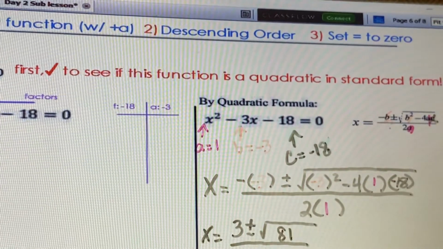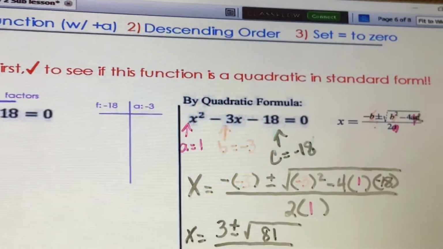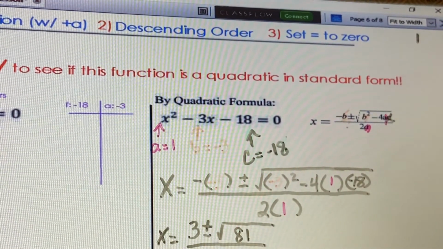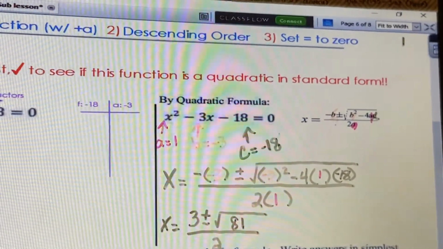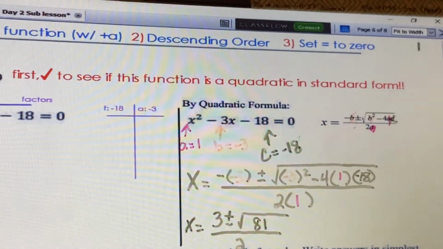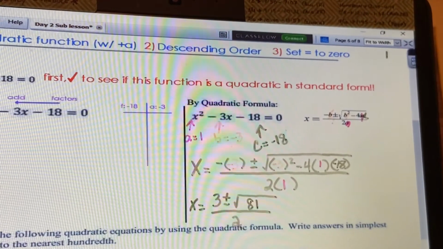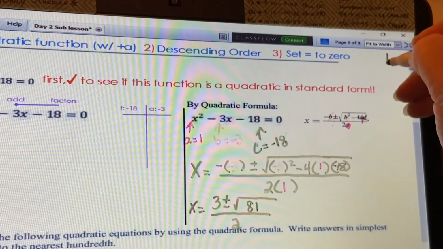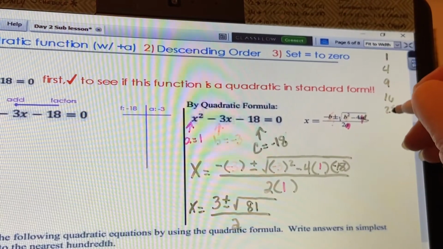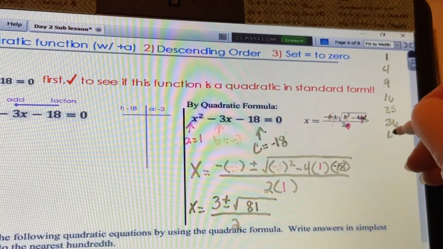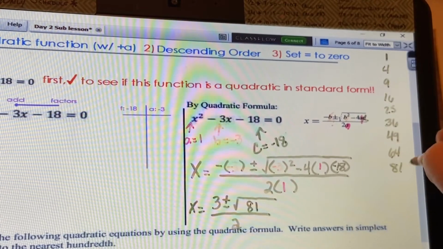If you remember your perfect squares list, I hope, or you created it: 1, 4, 9, 16, 25, 36, 49, 64, 81. 81 is on our list.